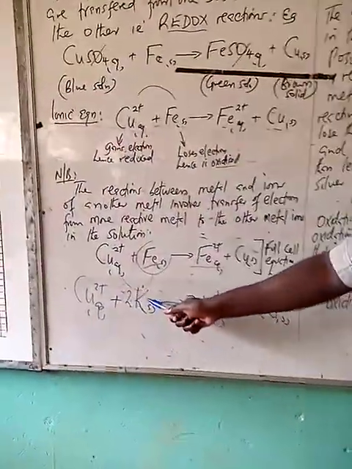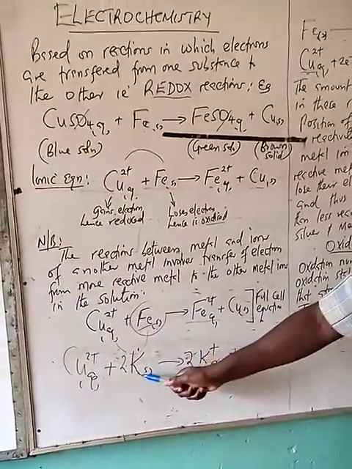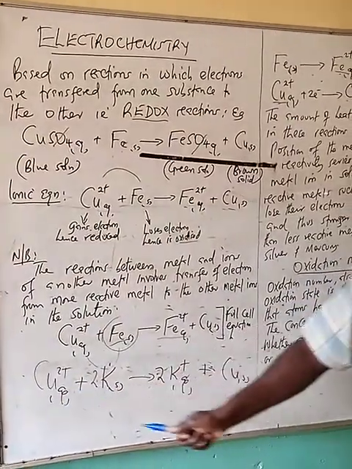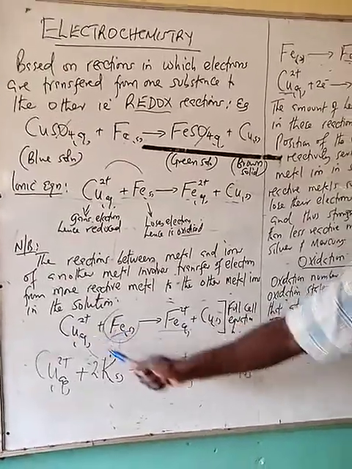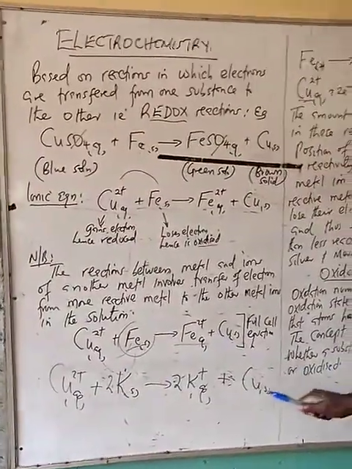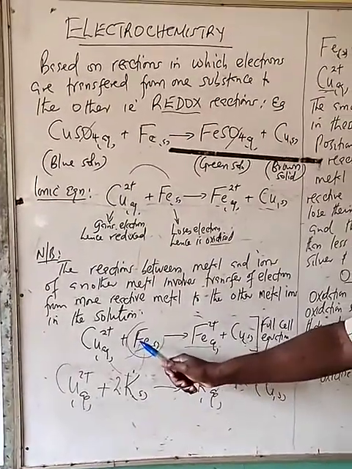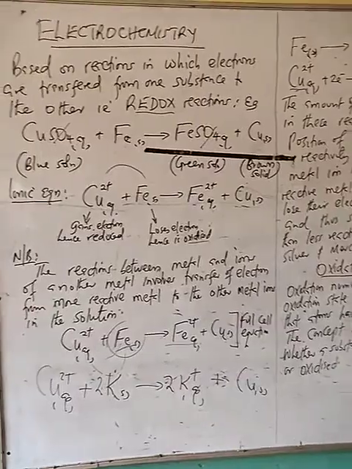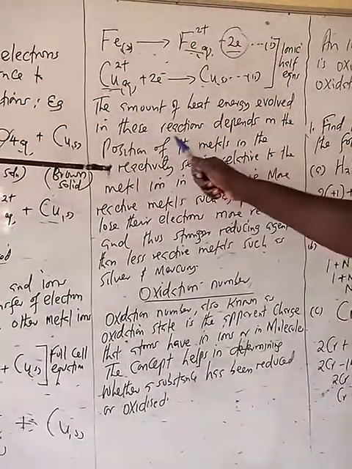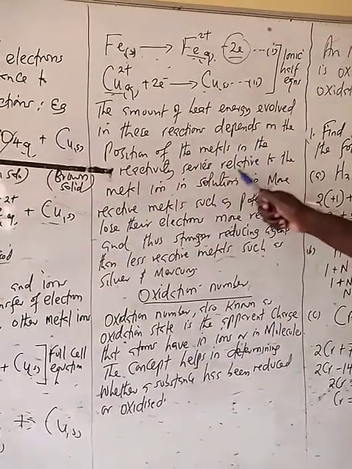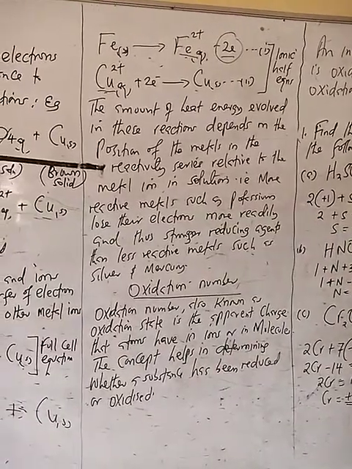But because potassium is very high in the reactivity series compared to iron, the displacement which will take place here will be greater than the displacement between iron and copper. So the heat energy evolved here will be higher compared to the heat energy evolved in the iron and copper reaction. That's the reason why we're saying that the amount of heat energy evolved in this reaction depends on the position of the metal in the reactivity series compared to the metal ion which is in the solution.